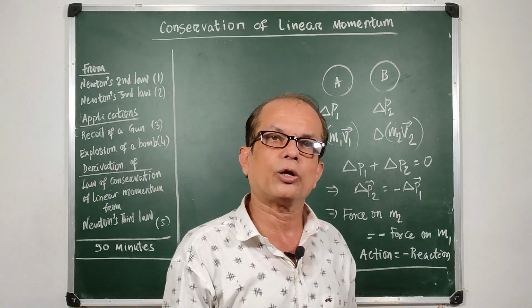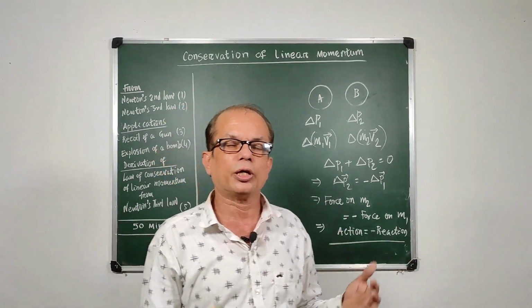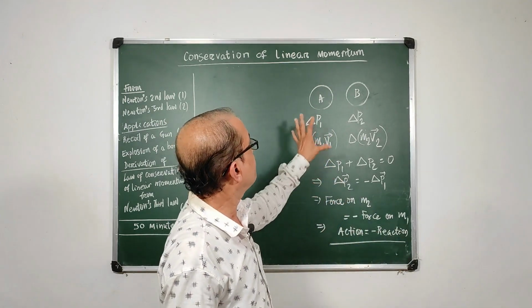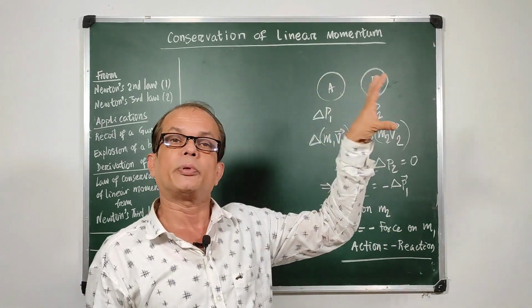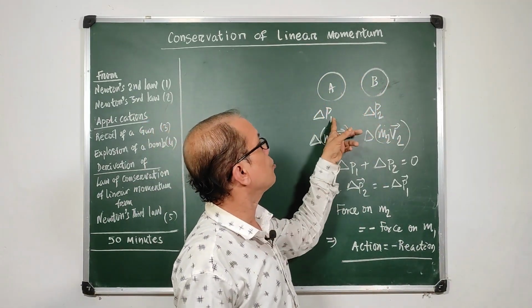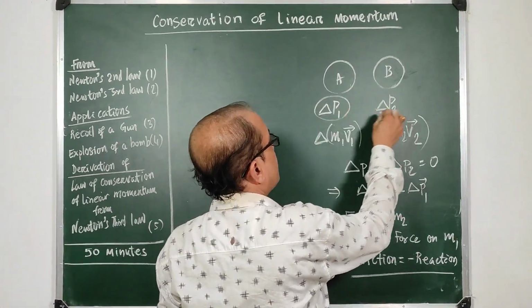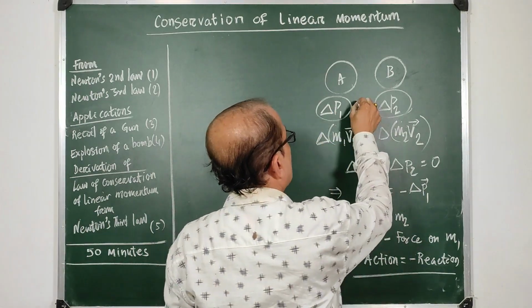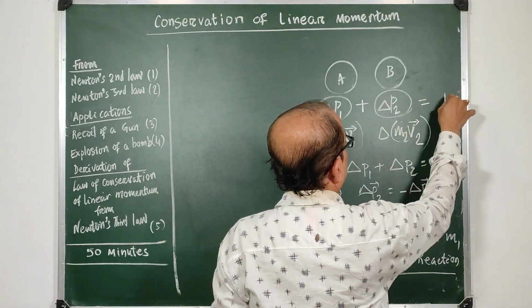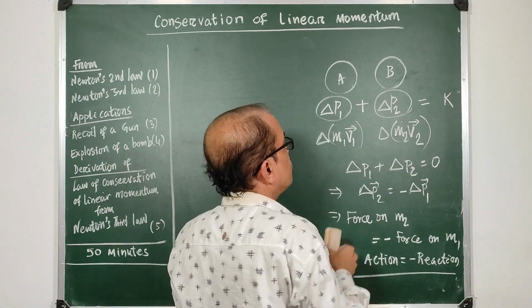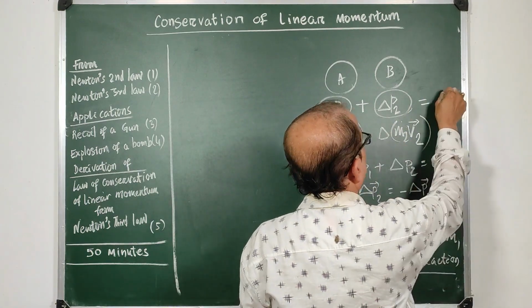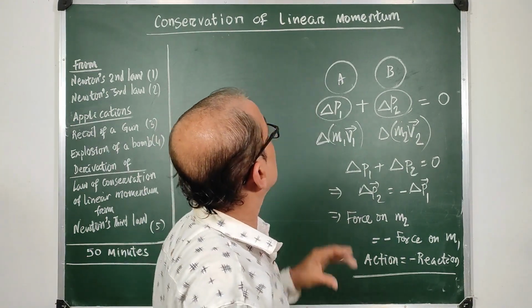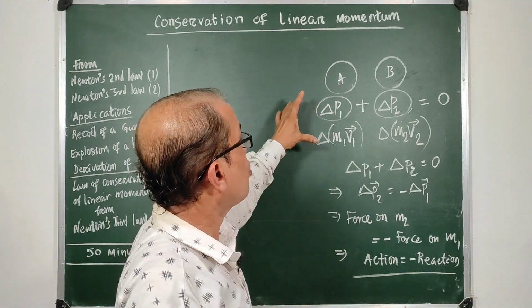In Newton's third law, we know that the action and reaction are equal forces, but acting opposite to each other in direction. When the algebraic sum of the changes in linear momentum, delta p1 for the first body and delta p2 for the second body, becomes 0, we say that the law of conservation of linear momentum works.